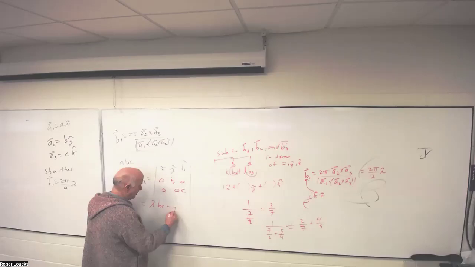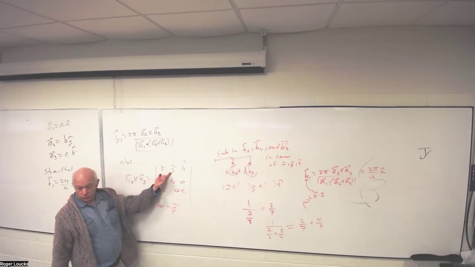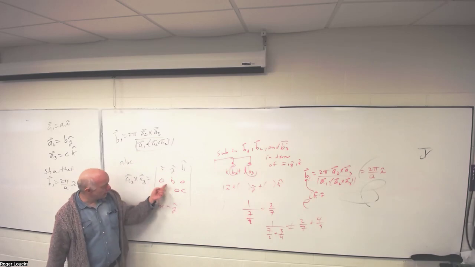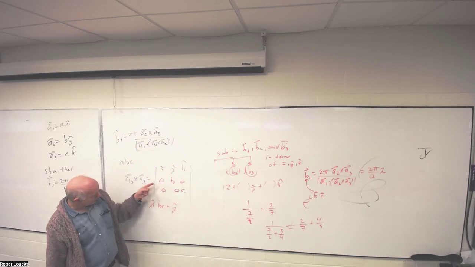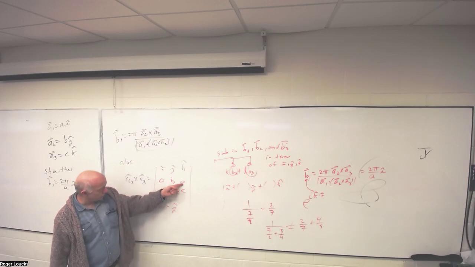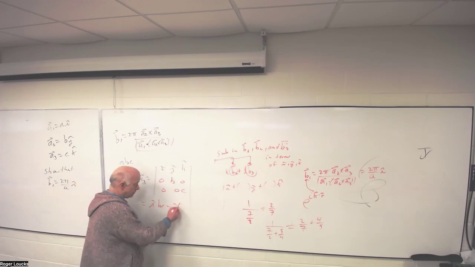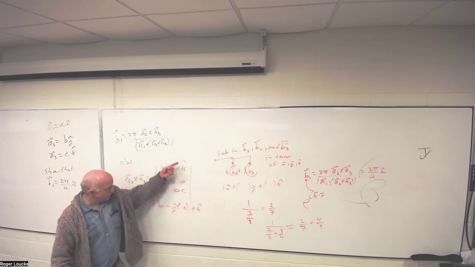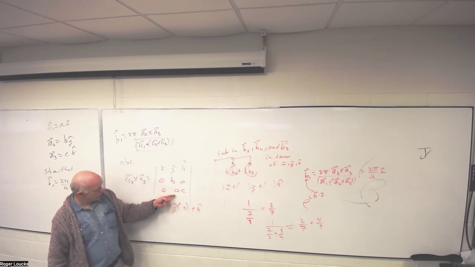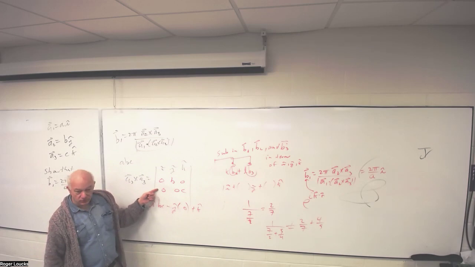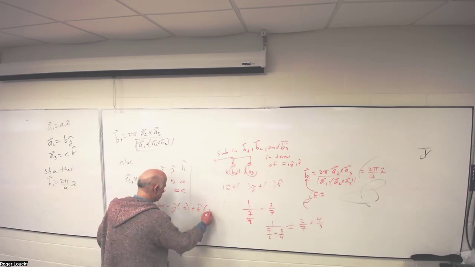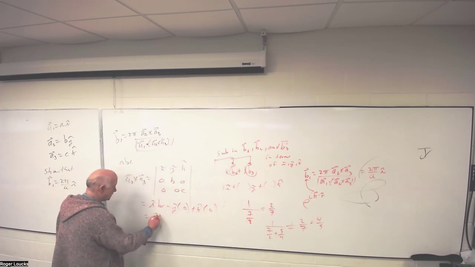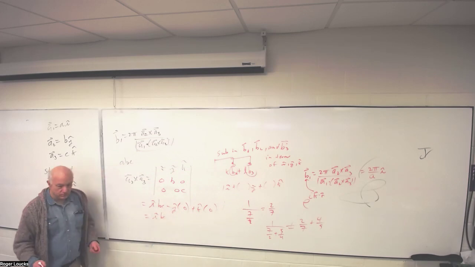Then I have minus J hat, because when you hop over here, your cofactor term gets a minus sign. I cancel out this column and this row, and the determinant from 0, 0, 0, C is a 0. Then I hop over here, and this is plus K hat. I cancel out this column and this row, and I form the determinant from these, and that's going to give me 0. So this gives me I, BC.